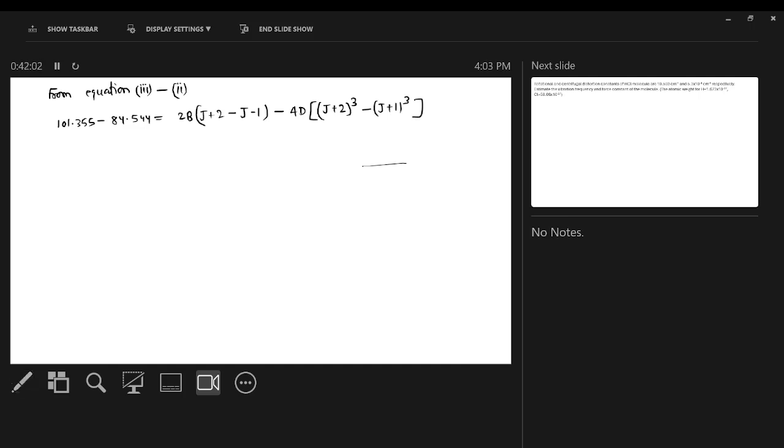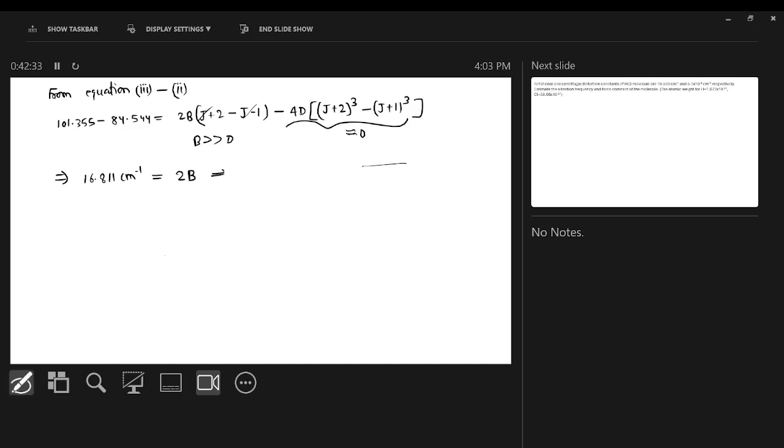As I said in the previous slide also, since B is much greater than D, this second term I am taking approximately 0. Then we have 16.811 centimeter inverse is equal to 2B. This J will be cancelled out.